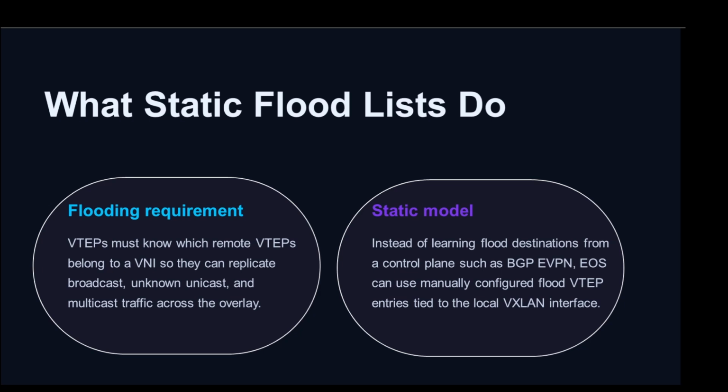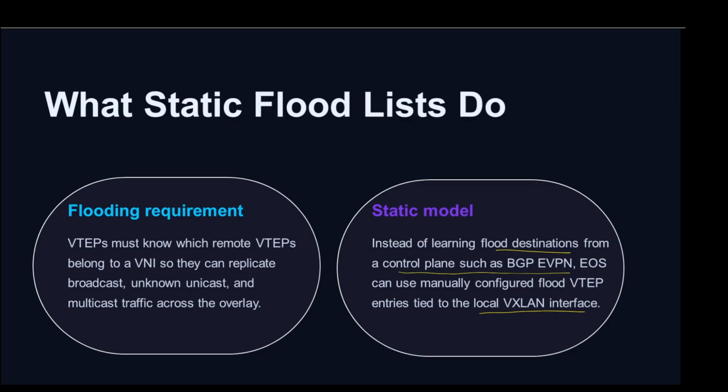So with static flood lists, instead of learning the remote destinations from a control plane protocol such as BGP EVPN, we configure a static flood list under the VXLAN interface, and we define the list of remote VTEPs that we need to send the BUM traffic to.